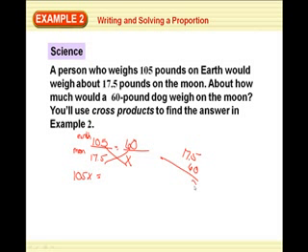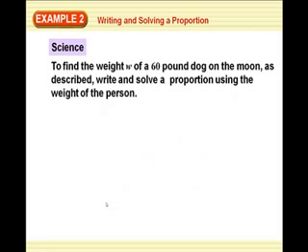With 1 decimal place, it looks like 1,050 divided by 105, and it looks like X is 10. So that 60-pound dog on the Earth would weigh 10 pounds on the moon.